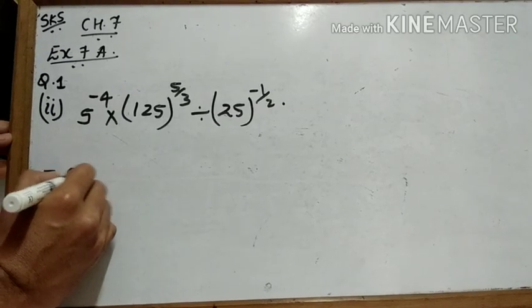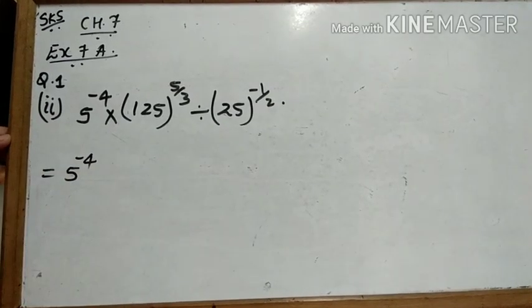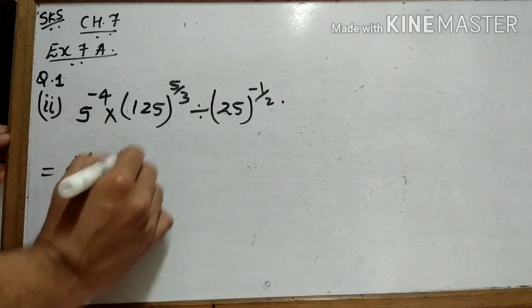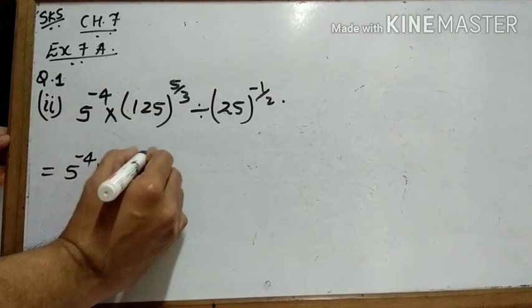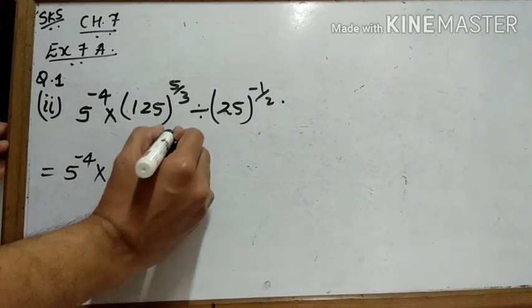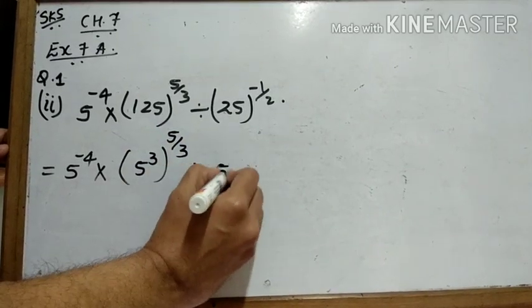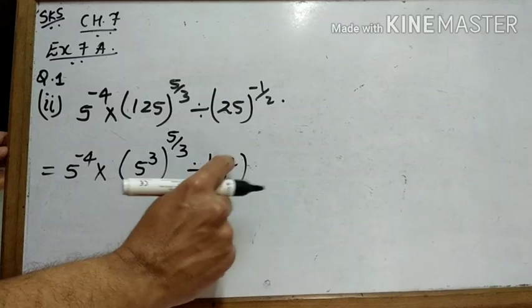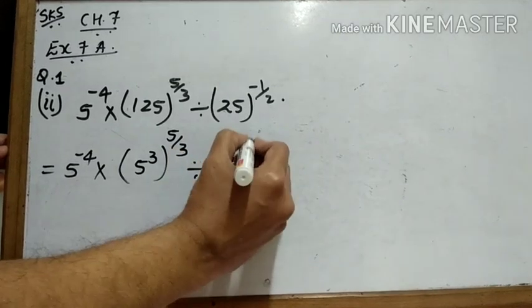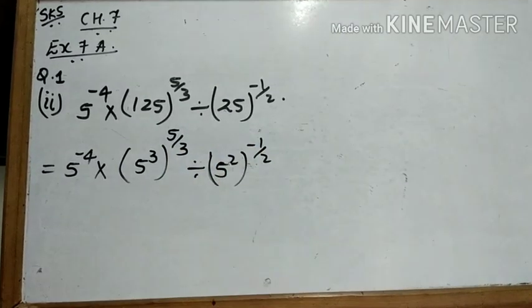I am writing down for the first number as it is, 5 raised to negative 4. 125 is nothing else but 5 raised to 3 whole raised to 5 upon 3, divided by 25, which is nothing else but 5 squared whole raised to negative 1 upon 2.